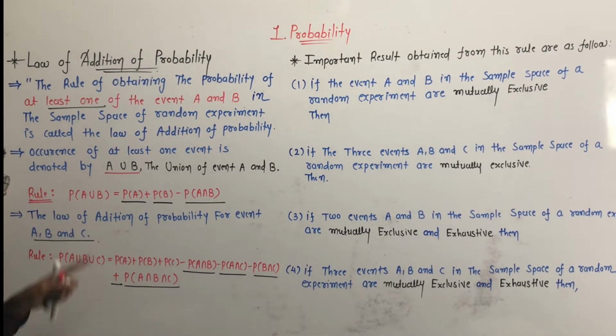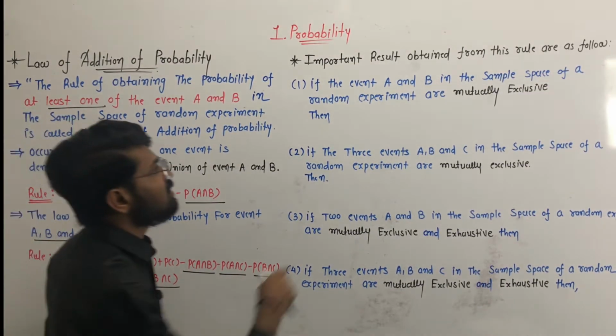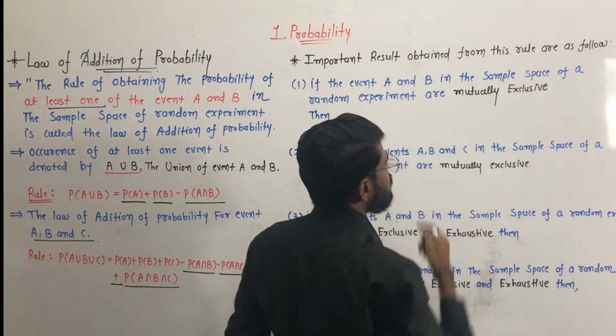What is the equation of P of the union of A and B when the two events A and B are mutually exclusive?